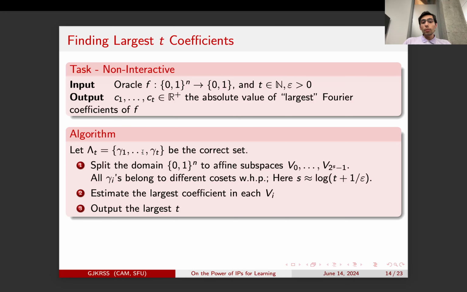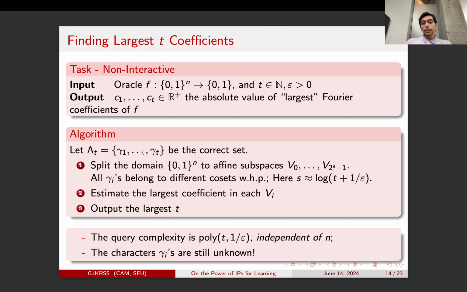We split the domain into affine subspaces randomly, as we saw in the previous slides, and then all of these gamma_i's will be in different cosets with high probability. And here S is small, like log of (t plus 1/epsilon). Then we can estimate the largest coefficient in each of these sets, and we simply output the largest t of them.